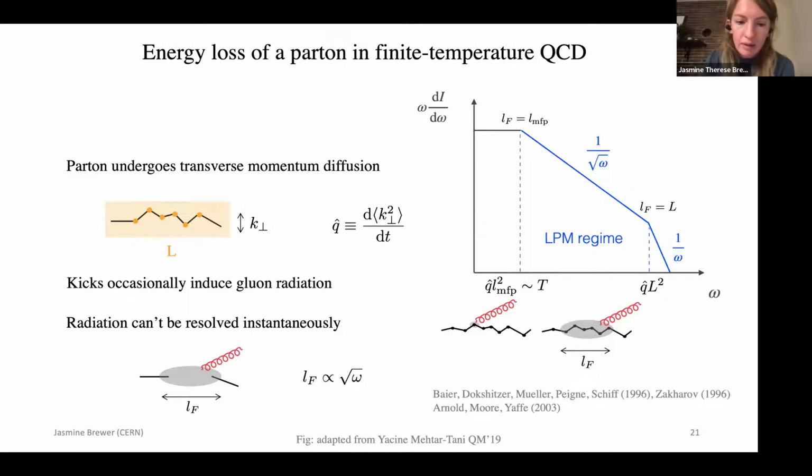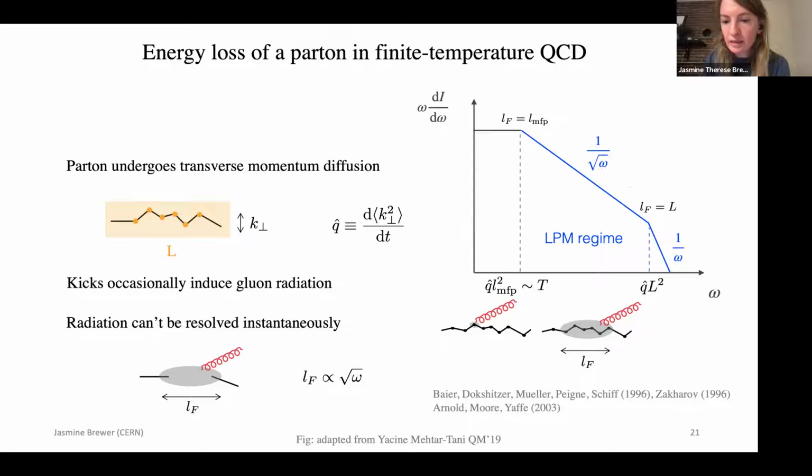The reason I want to say this is that it forms a nice conceptual picture of how the energy spectrum of this radiation actually looks. The point is that if you have a formation length of this splitting which is small compared to the mean free path, as in the picture I'm showing here on the left, then all of these scatterings occur independently, and they can each independently induce a gluon radiation.